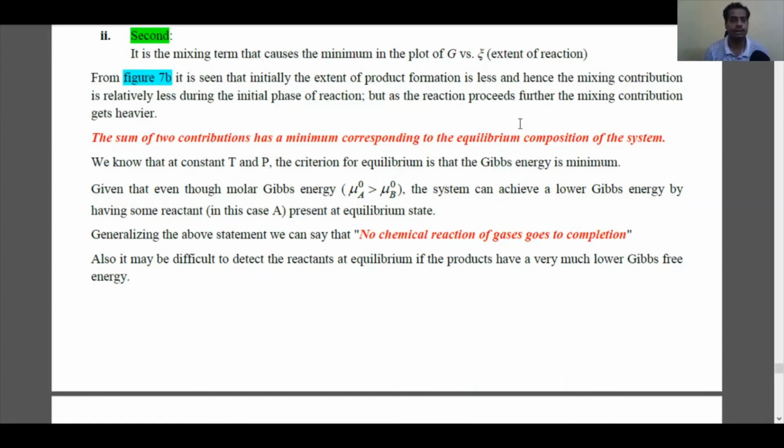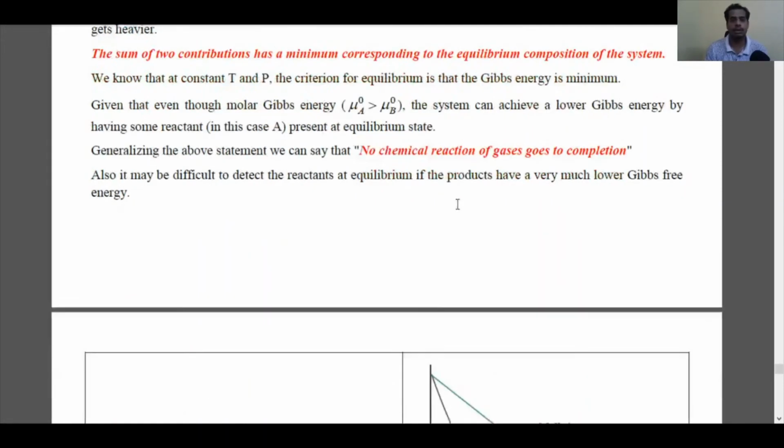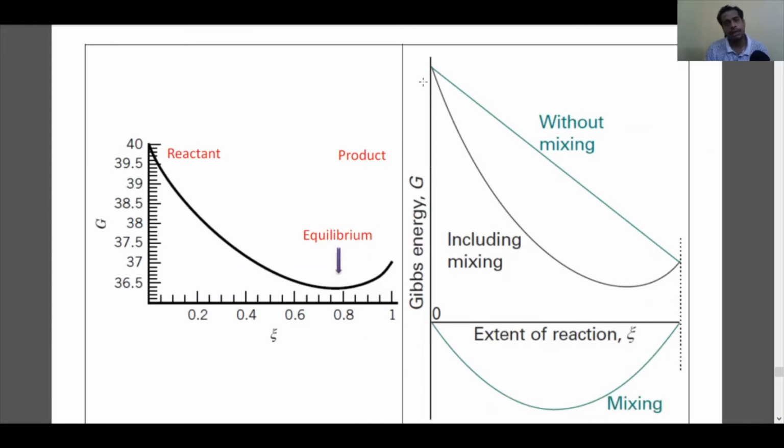Suppose the chemical potential of the reactant is more and the product's chemical potential is less; then only will this reaction go from reactant to product, but it is not 100% transfer. If the mixing term is not there, there is complete transfer. All the reactant will go to product.